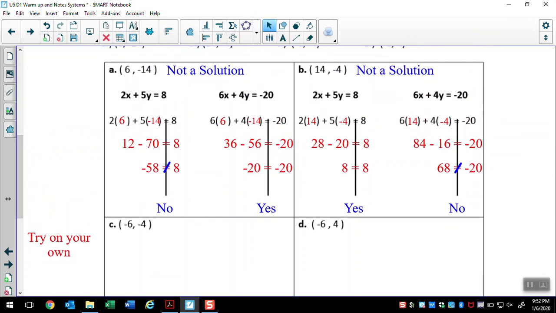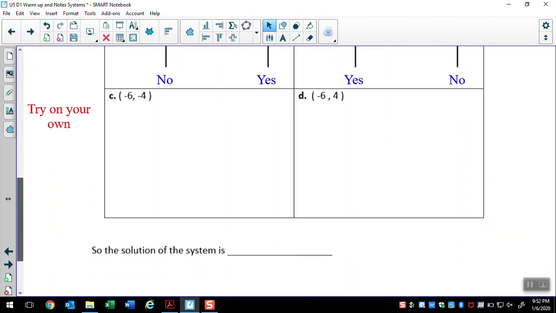It's not written out for you, so you're going to have to take what we did here and bring it down. Write the two equations, do your substitution, and then check to see: does this ordered pair work in both equations? If it does, it's a solution. If it does not, it's not a solution. Go ahead and pause the video now.